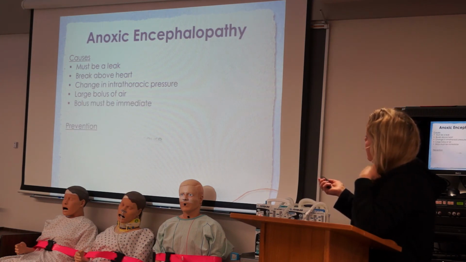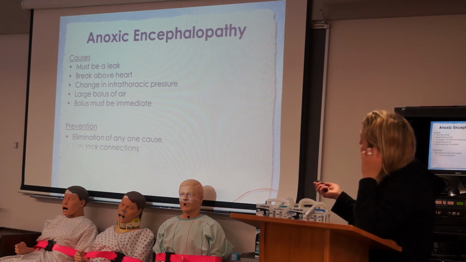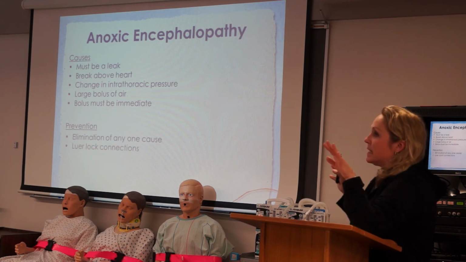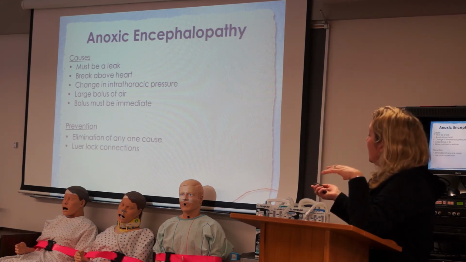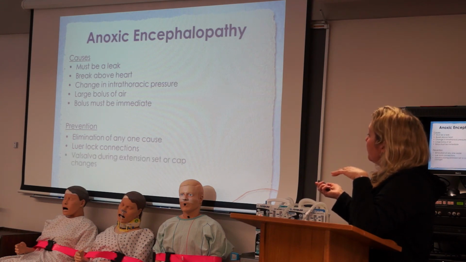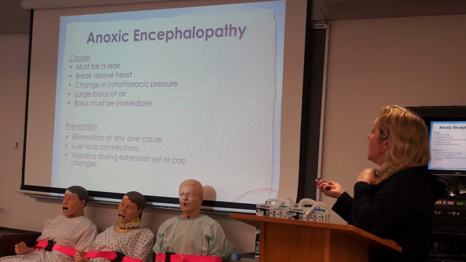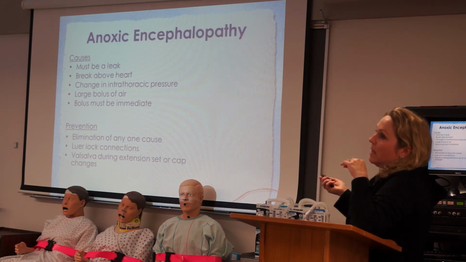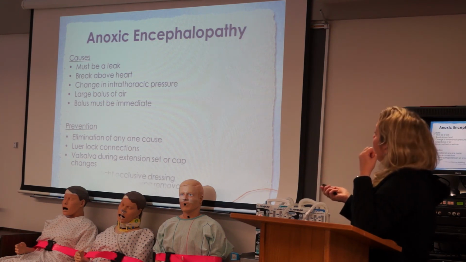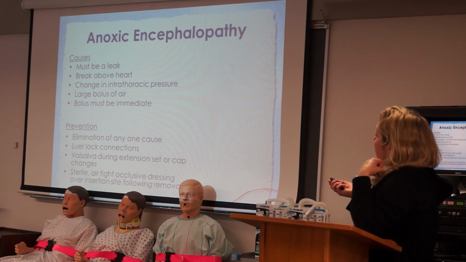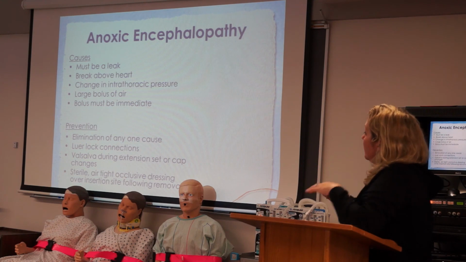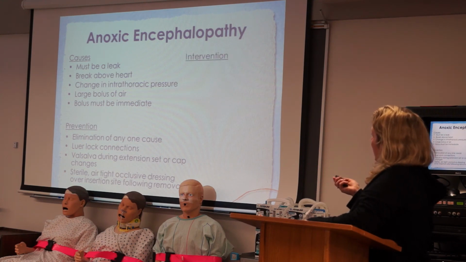Elimination of one cause is preventing; you want to eliminate as many causes as you can. Luer lock connections need to be used. And then if you're doing cap changes or extension set changes, you want to have the patient do the Valsalva to prevent air being pulled in. And then always, again, sterile, airtight, occlusive dressings over the insertion site. So stop the entry of air.